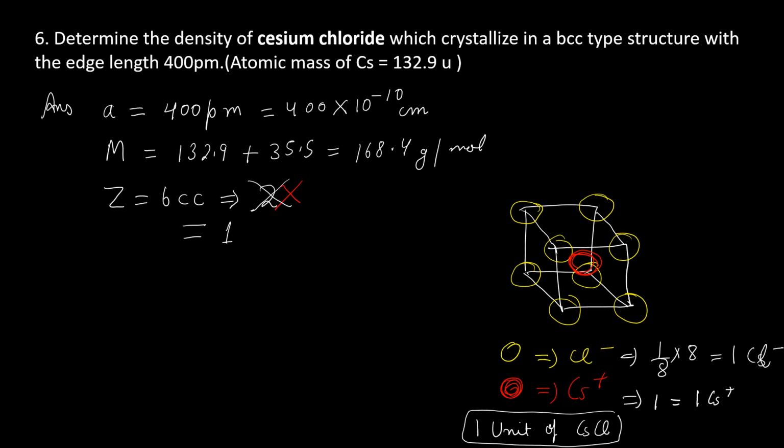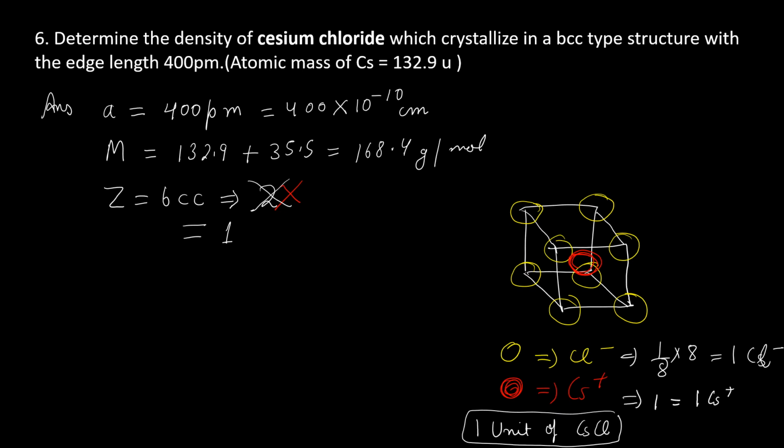Now, when do you take 2 and when do you take 1? You have to take 2 when all these atoms, which are present at the corner as well as inside the body, are the same. Then the total contribution will become 2. But if the atoms are different, for example in the case of cesium chloride, then the value of Z will be equal to 1.